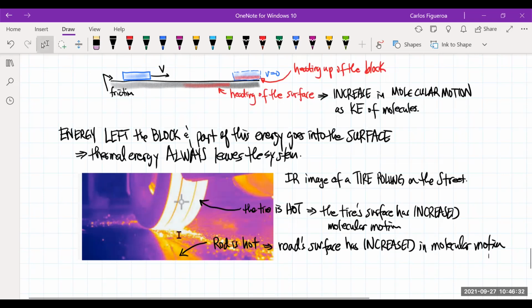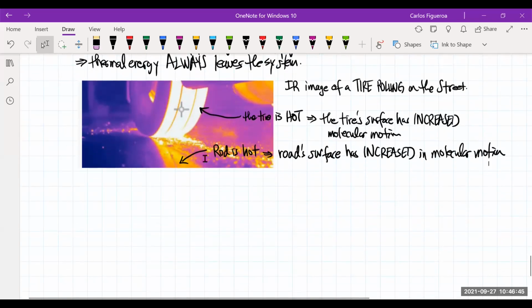So we can draw a flow chart of this situation. How do I draw a flow chart? Well, when I look at the work energy theorem, just to follow this process, this is the flow chart of thermal processes.